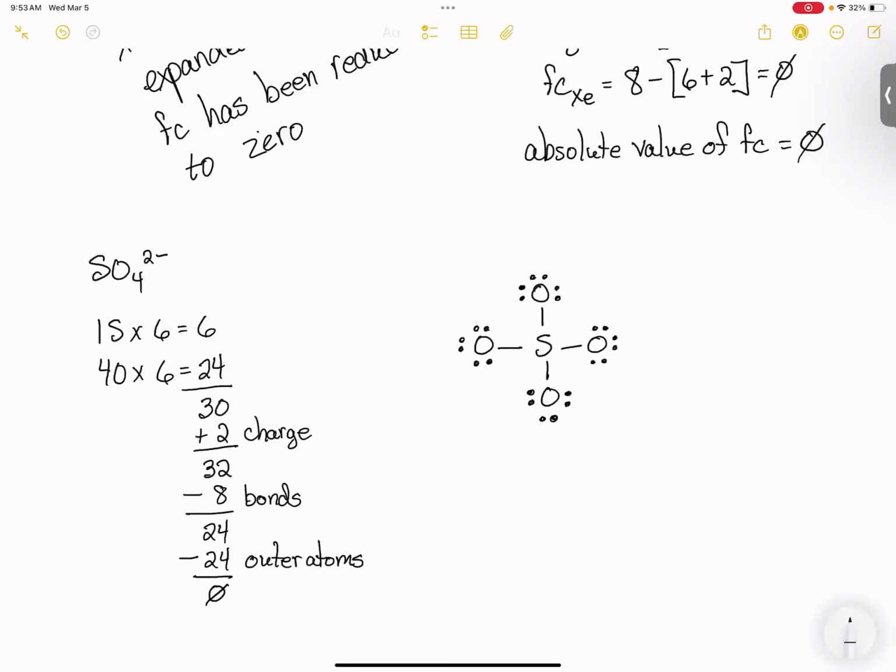When you hit 0, you ask, does everybody have an octet? Your oxygens have 8 valence electrons because they have 6 within the lone pair and 2 within the bond. So that is a total of 8. And your sulfur has 8 valence electrons as well. So yes, everybody has an octet. The question is, should sulfur expand its octet?